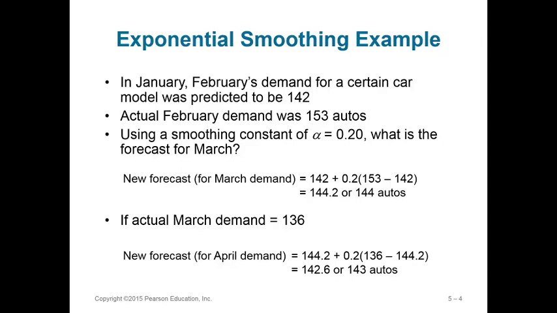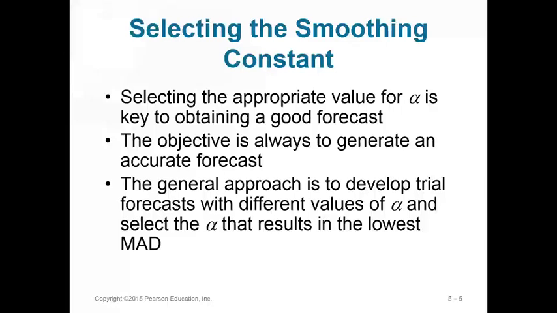you might say, well, that's a little bit off. I wonder how we could get a little bit closer to it. Well, you would really not just month to month look at it, but you would really actually select a smoothing constant by looking at the mean absolute deviations.